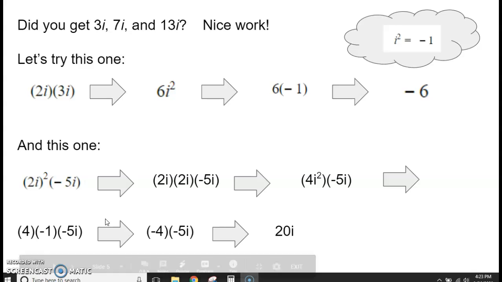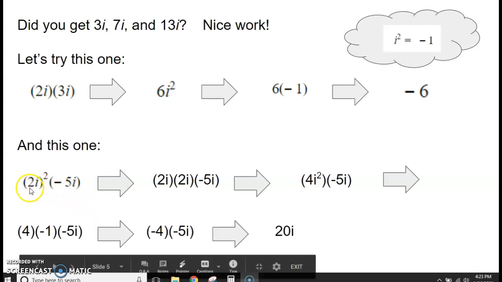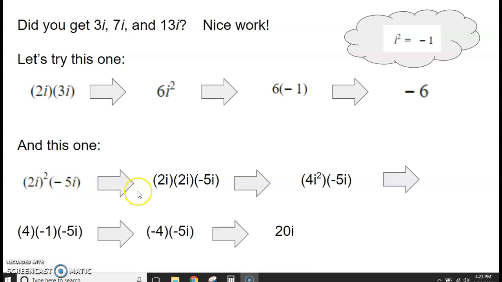Okay, let's take a look at the problem on the bottom of the slide here. I have 2i squared times negative 5i. That is the same as 2i times 2i times negative 5i. I can multiply these first two together here, and I get 4i squared times negative 5i. I like to go ahead and put the negative 1 in wherever there's an i squared instead of multiplying these together right now.